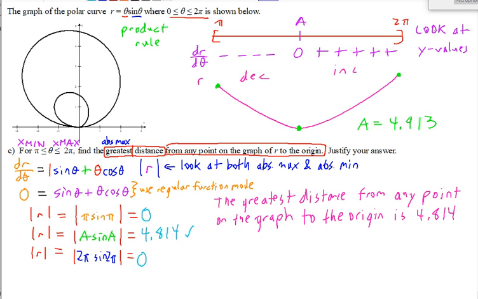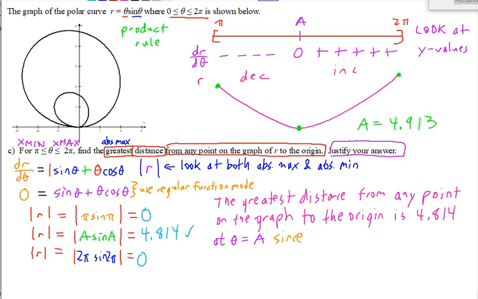You can put units here, but we don't have to because it's just general units. And since we're justifying it, it's probably a good idea to reference the angle, not the time, at theta equals A.